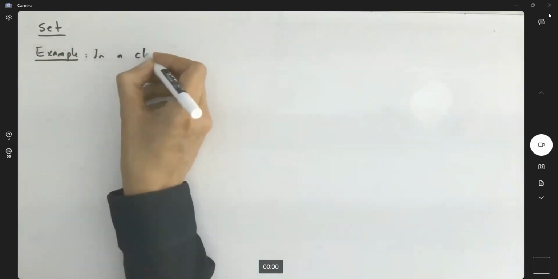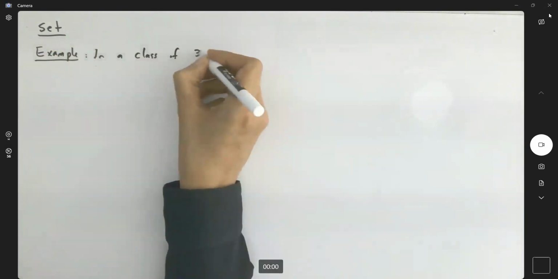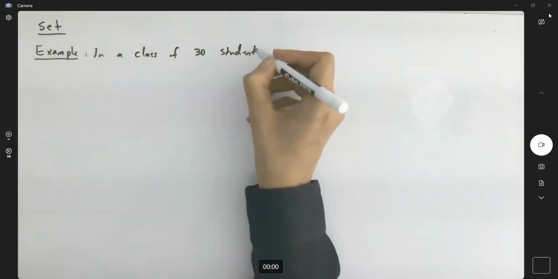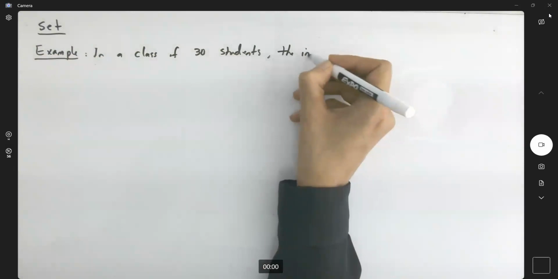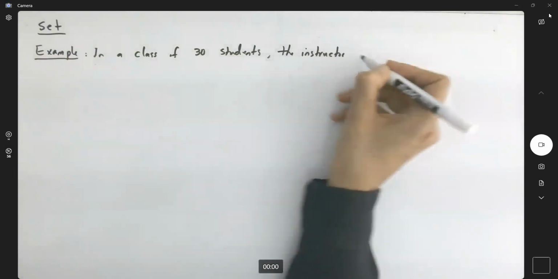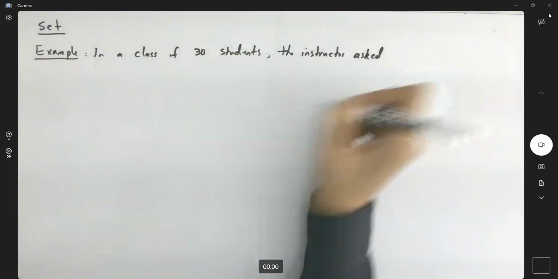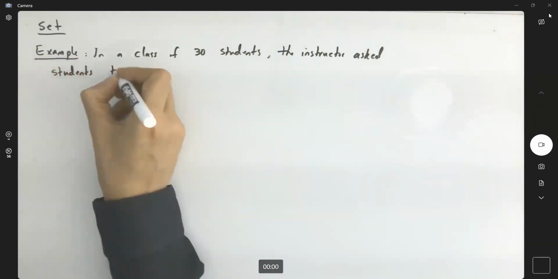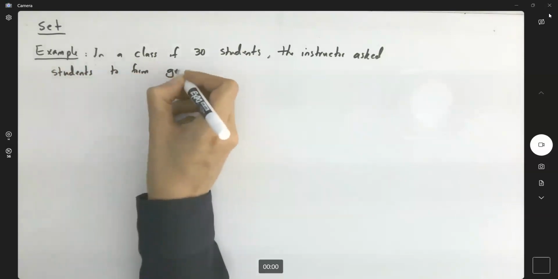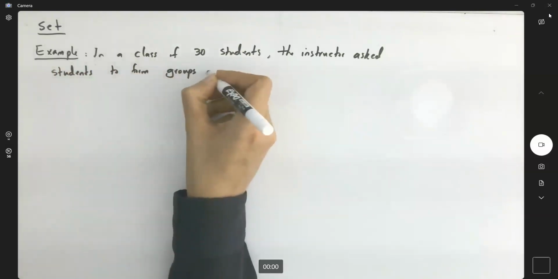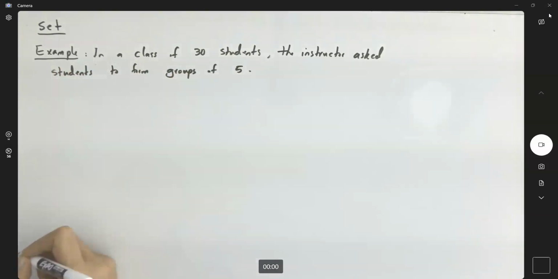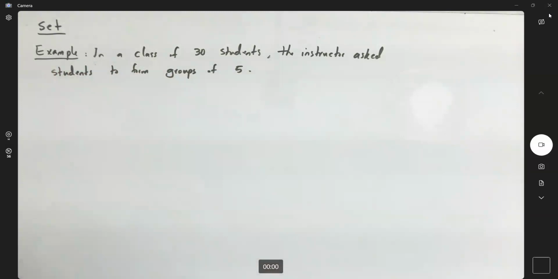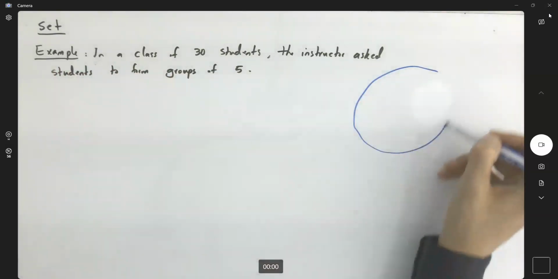In a class of 30 students, the instructor asks students to form groups of 5. Okay, so we have a class with 30 students.